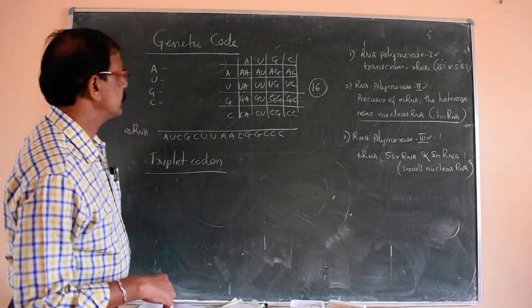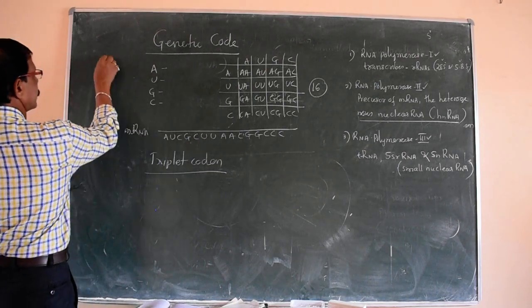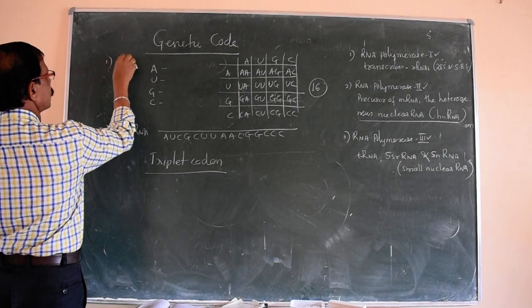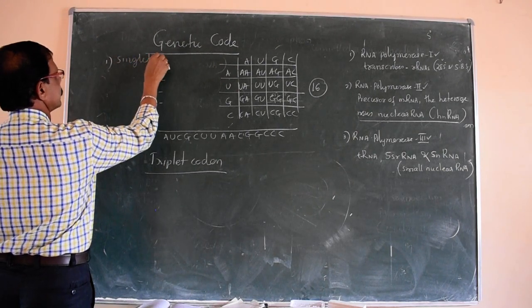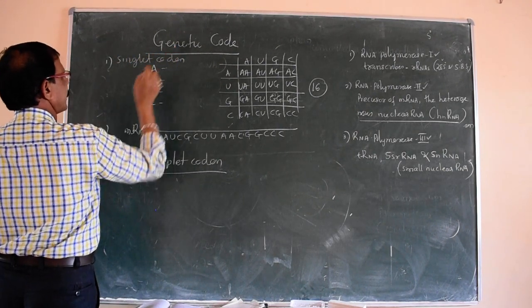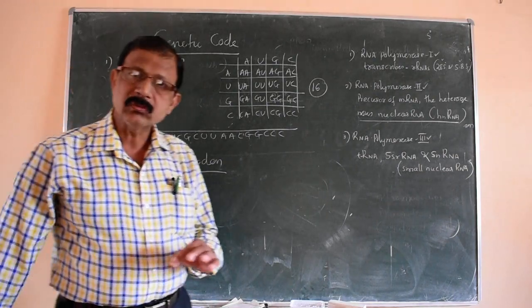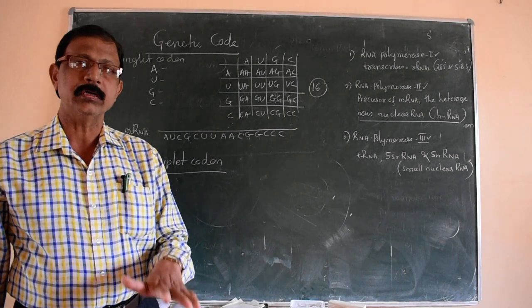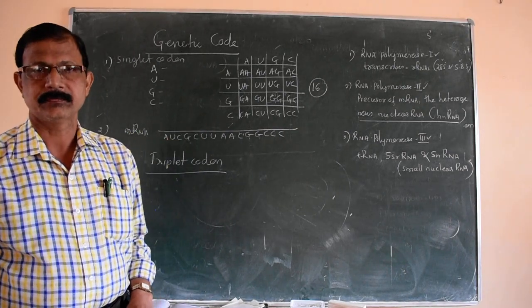And yesterday you also studied that there are three systems of coding. One is called the singlet codon, and by this it is possible to give codes with only 4 codes to the amino acids.